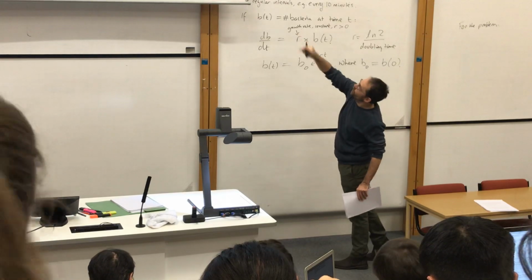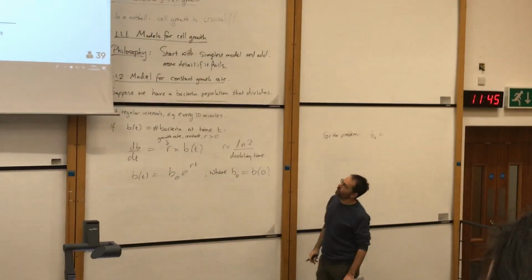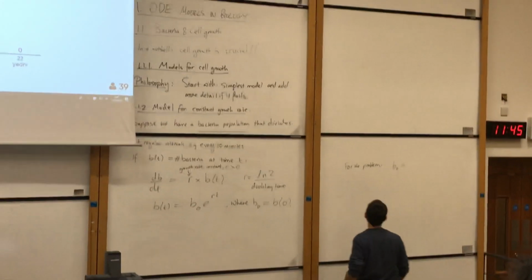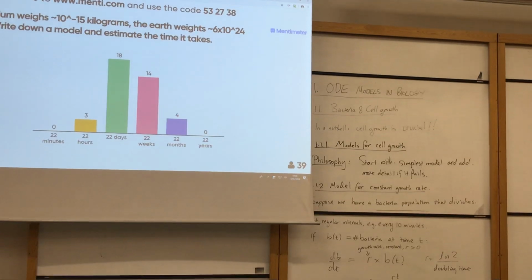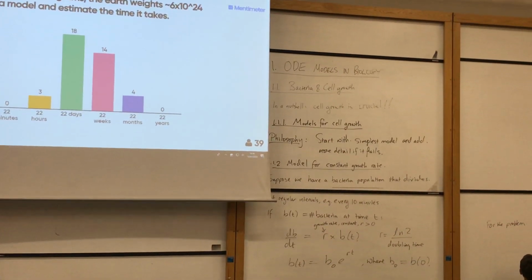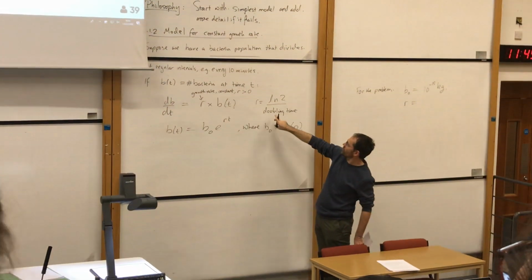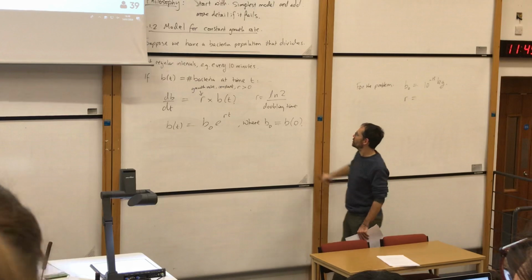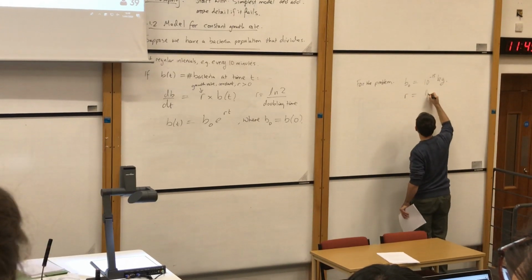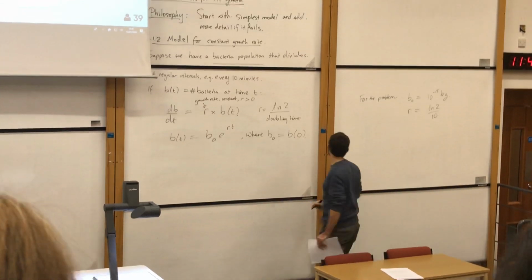We want B naught, the initial weight of the population. So B naught is going to be 10 to the minus 15 kilograms. r is related to my doubling time, so r would be log 2 over 10, as I said they double every 10 minutes.